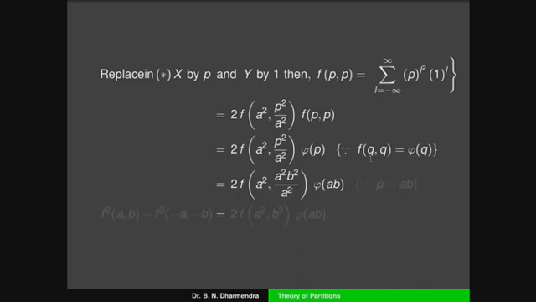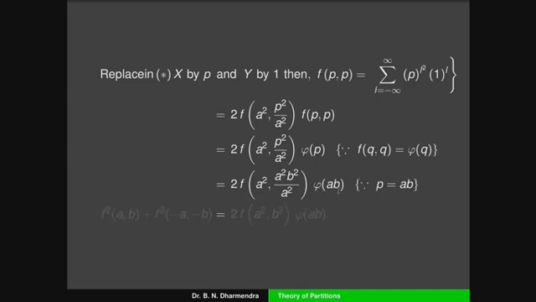Here we observe that for the first theta function special case, f of q comma q is equal to phi of q. So f of p comma p is phi of p. Therefore we replace the value of p by a into b, which gives 2 times f of a square comma a square b square divided by a square. A square gets cancelled, so simply b square into phi of ab, because p is equal to a into b.